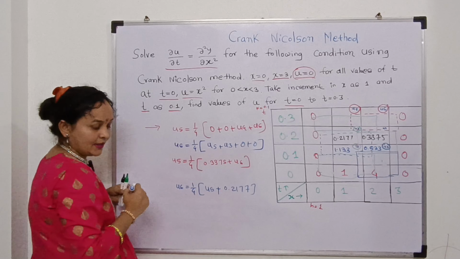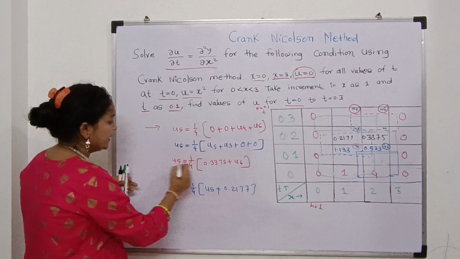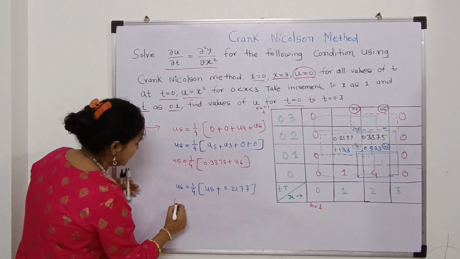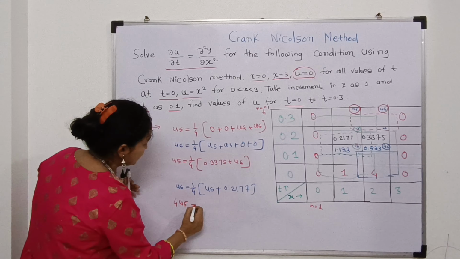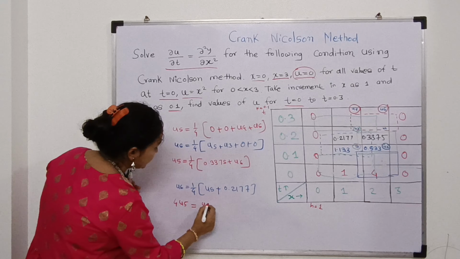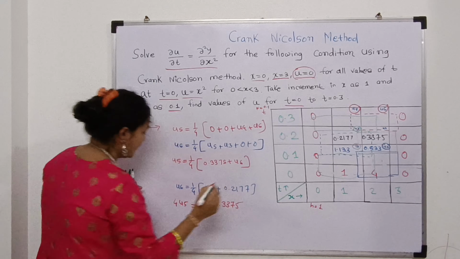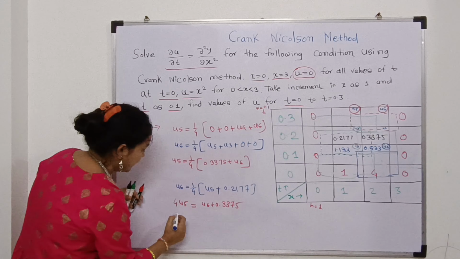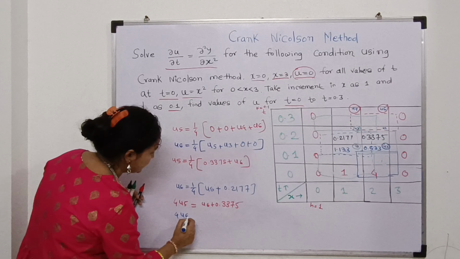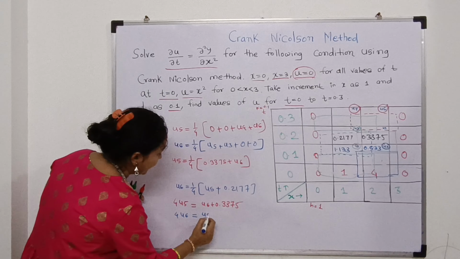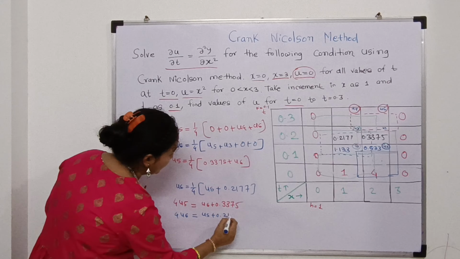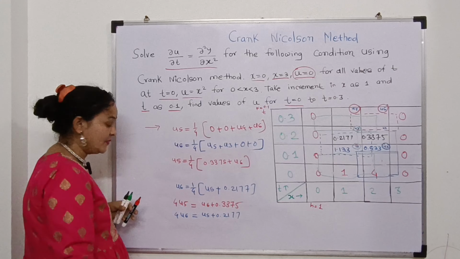Right? If you rearrange the first equation, that is 4u5 equal to u6 plus 0.3375. And the second equation, that become 4u6 equal to u5 plus 0.2177. Right?